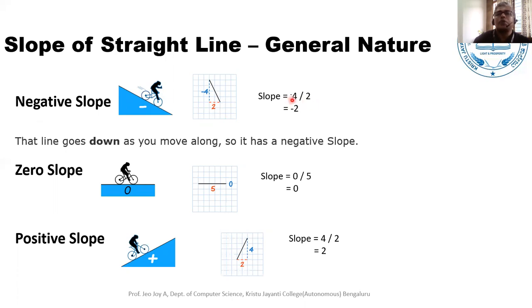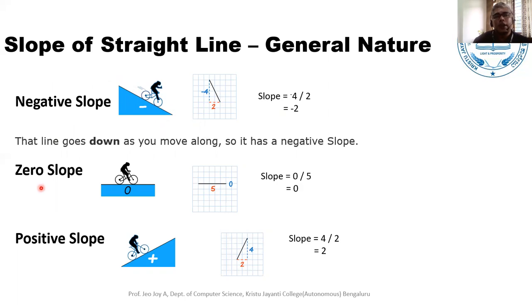So the slope is negative 4 by 2, which is a negative slope of negative 2. Lines which go down as you move along are represented as negative slope straight lines. This is easy to understand from this diagram.